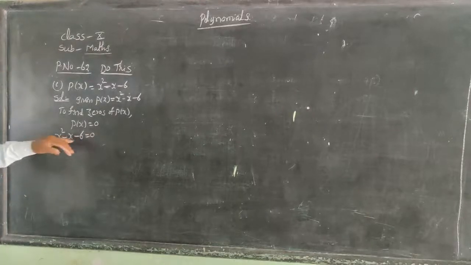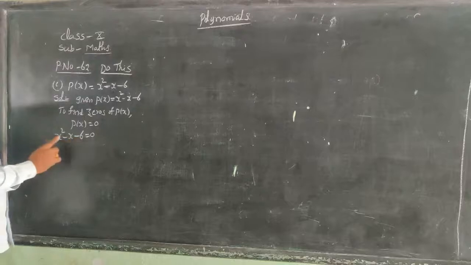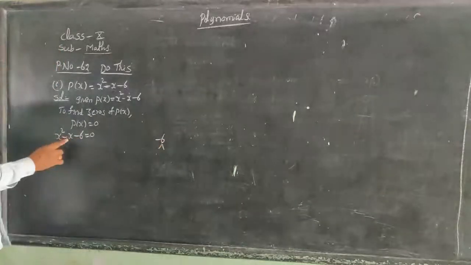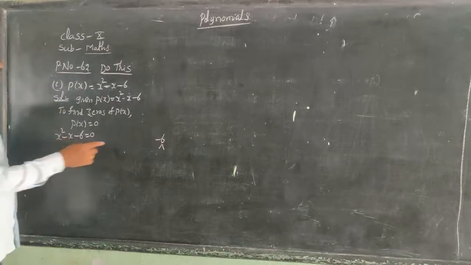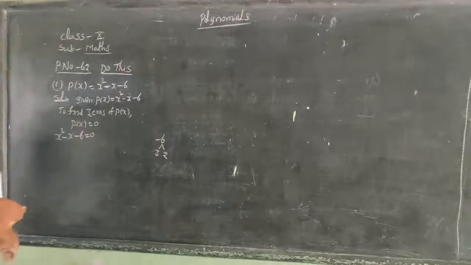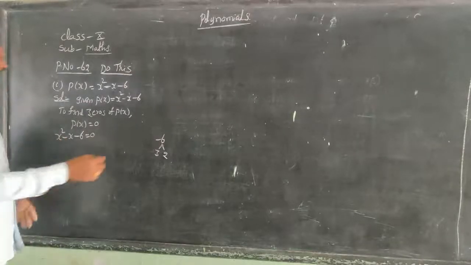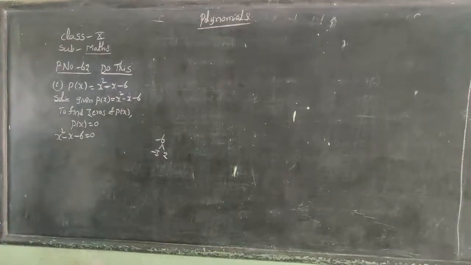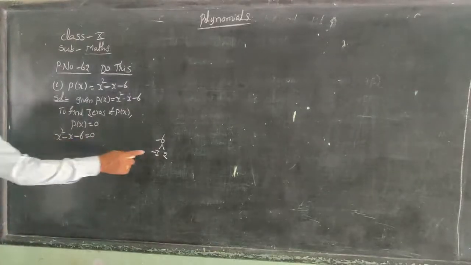Here, the multiplying values are 1 and minus 6, 1 into minus 6 is minus 6, and the adding value is minus 1. So, minus 3 plus 2 is equal to minus 1. So, the factors are minus 3 and 2.